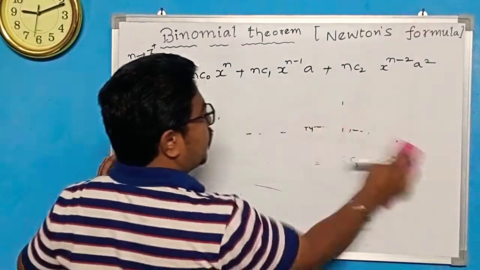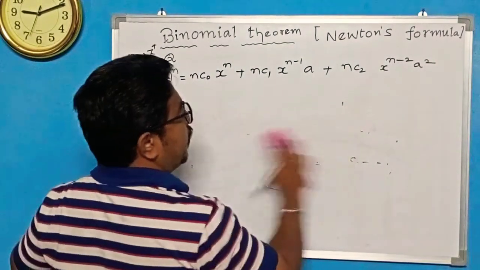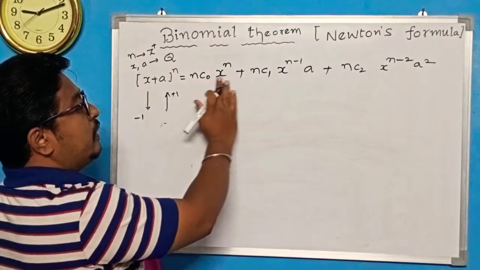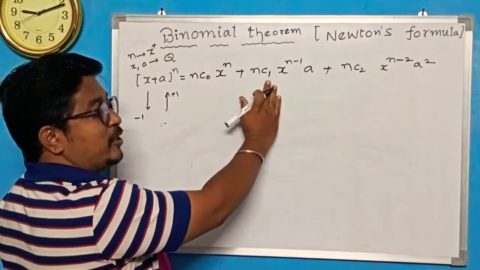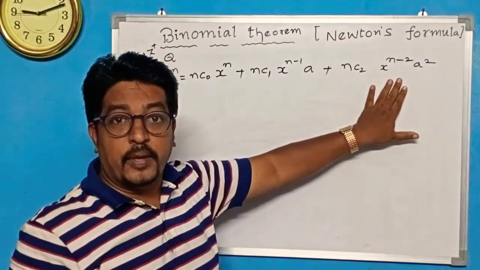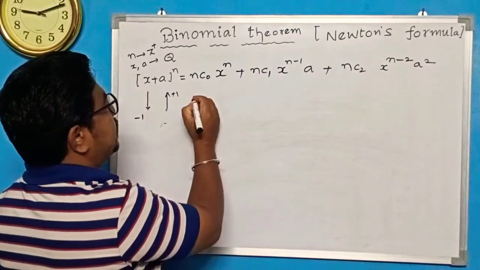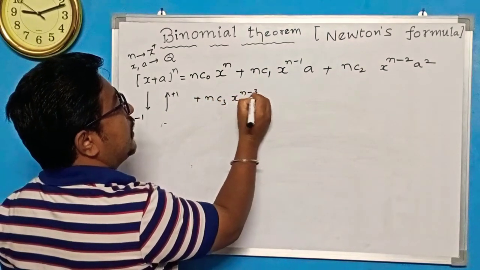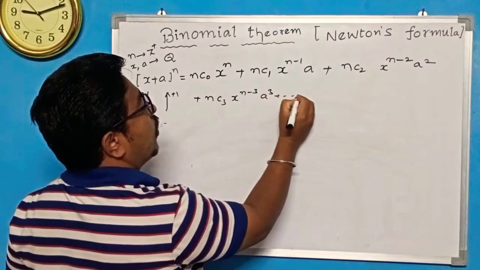Following the same procedure using the Pascal triangle concept: nC0 x^n plus nC1 x^(n-1) a plus nC2 x^(n-2) a^2 plus nC3 x^(n-3) a^3, and so on.